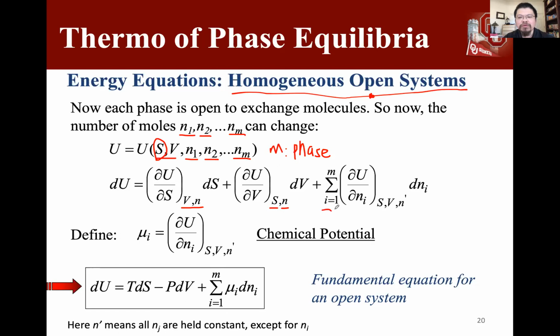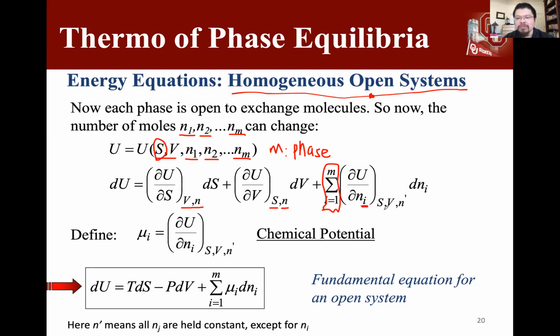And then we have to use this summation because we are going to take the partial derivative with respect to each phase. So here i is moving from 1 to m, and we take dU over dm_i.